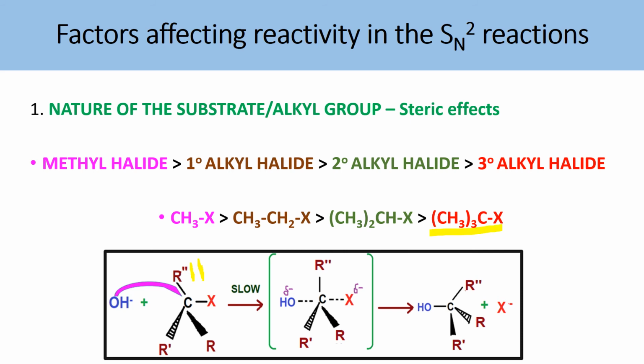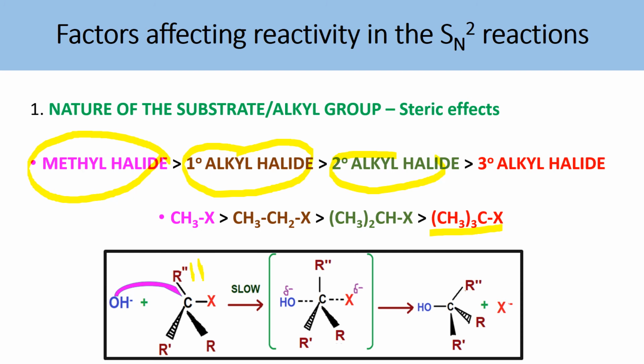So the reactivity for SN2 reaction is higher for methyl halide than primary alkyl halide, then secondary alkyl halide, and the tertiary alkyl halide is unable to undergo SN2 reactions due to steric effect.